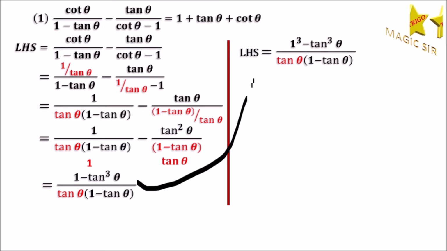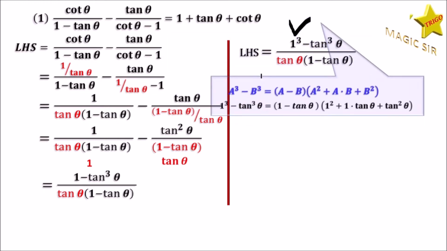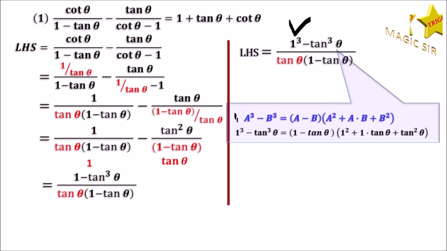For convenience, we may rewrite this step again, that is LHS equal to 1 cube minus tan cube upon tan theta into 1 minus tan theta. Now apply the formula of a cube minus b cube is equal to a minus b into a square plus ab plus b square.